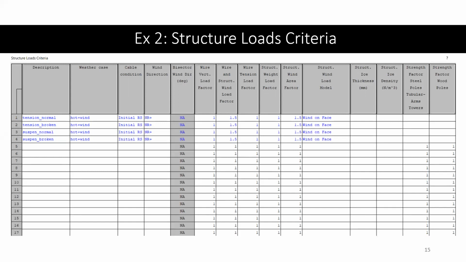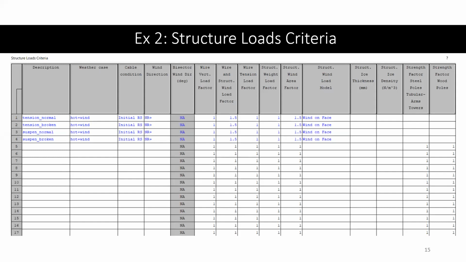For a specific weather case, you are defining some of the factors, like the wire vertical load factor, wire and structure wind load factor, tension load factors, structure weight load factor, and structure wind area factor. In most cases, these factors are defined in the specification, so you can directly enter this data into this structure criteria file.